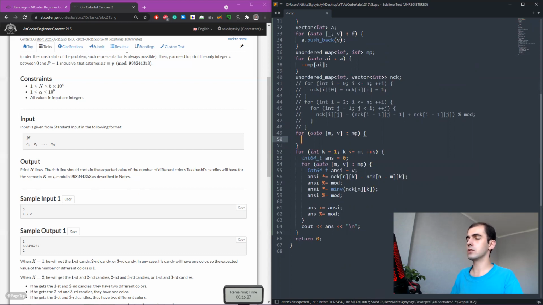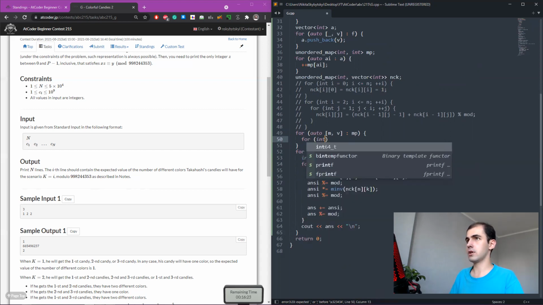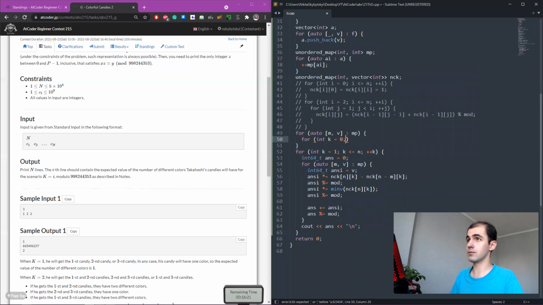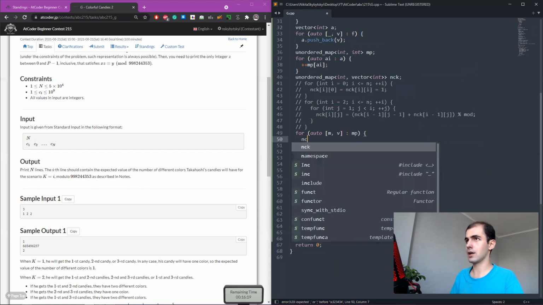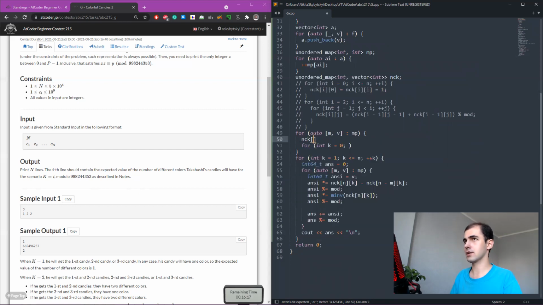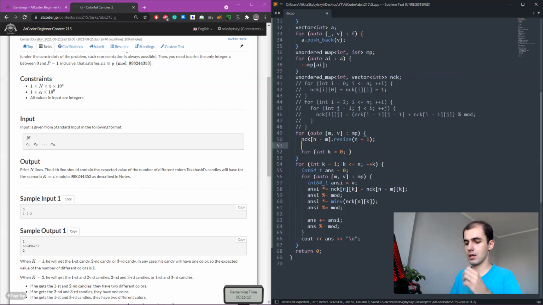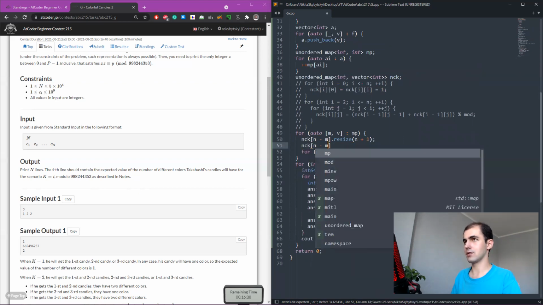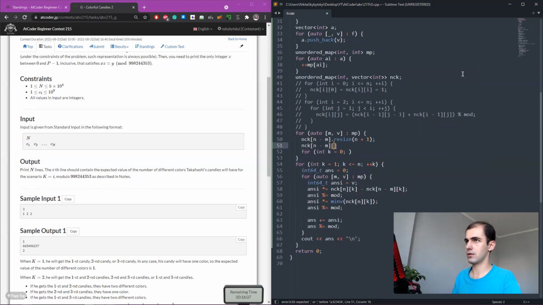Now here what we do is the following. For int k from nck at n minus m, resize n plus 1. nck n minus m at 0 gets 1.